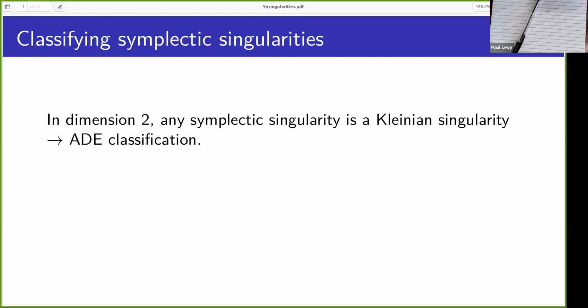So I made some rough slides just because I wanted to get everything in the right order. Have you already had a session where you talked about another family of examples of symplectic singularities?